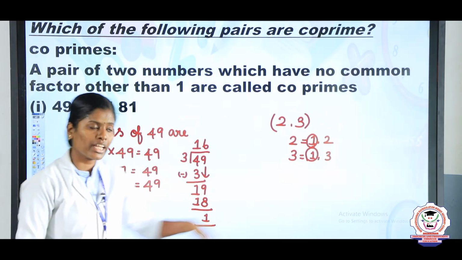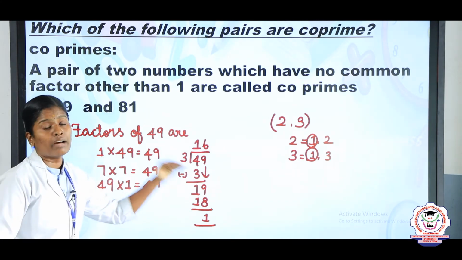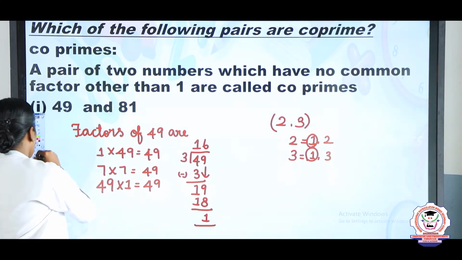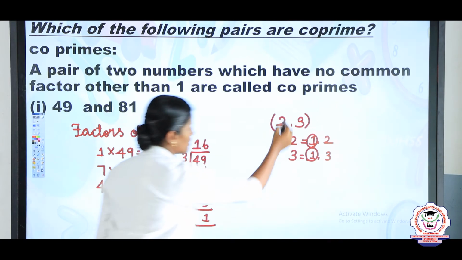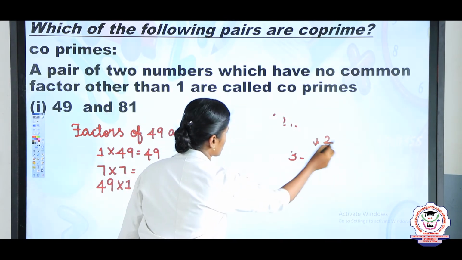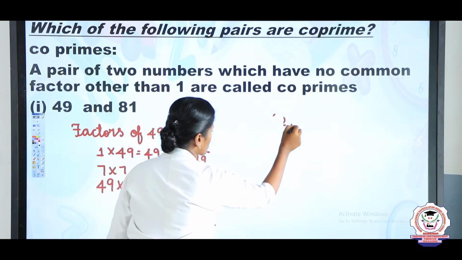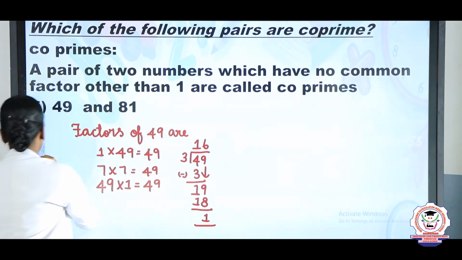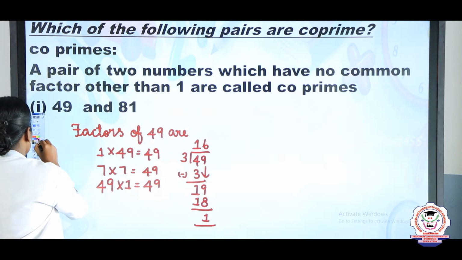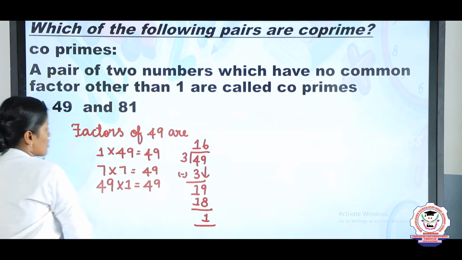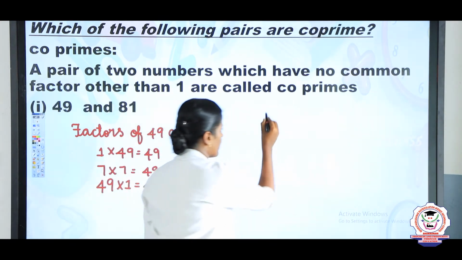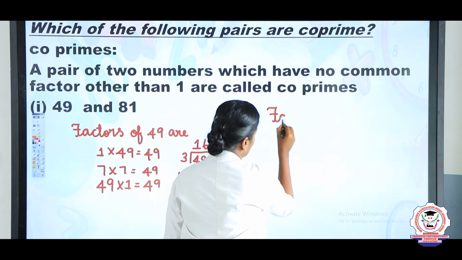Next I will take 81. Now we are going to find the factors of 81. So, write the factors of 81.